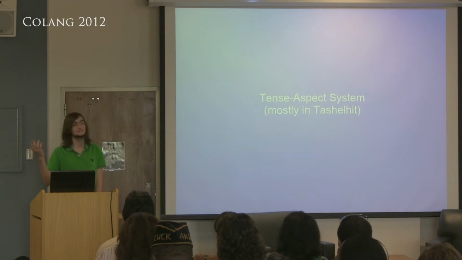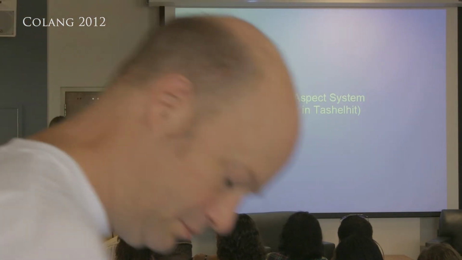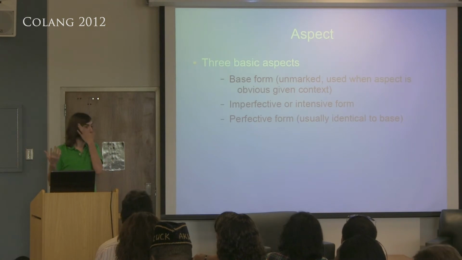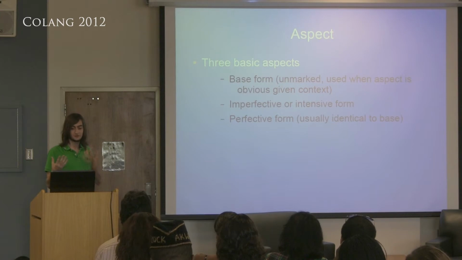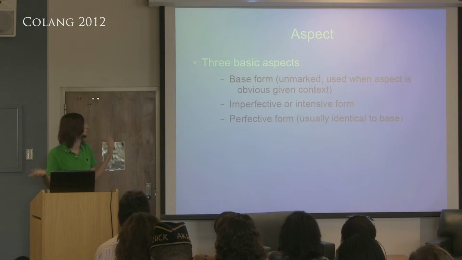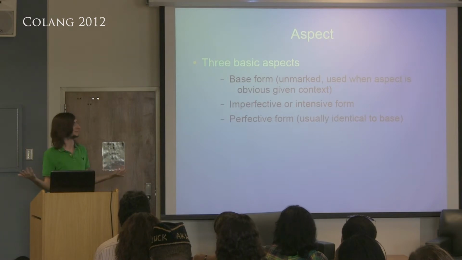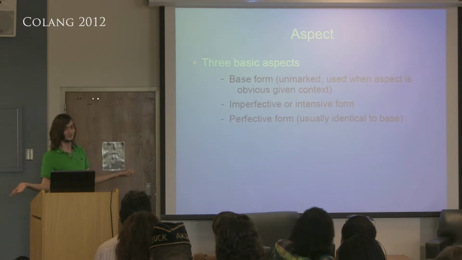So, tense and aspect, very briefly. First of all, with the aspect, it seems to be a three-aspect system. There's this base form, which is basically the normal form of the verb. Base form is a term that comes from the literature that I'm kind of uncomfortable with, but I don't know what else to call it, so base form it is.